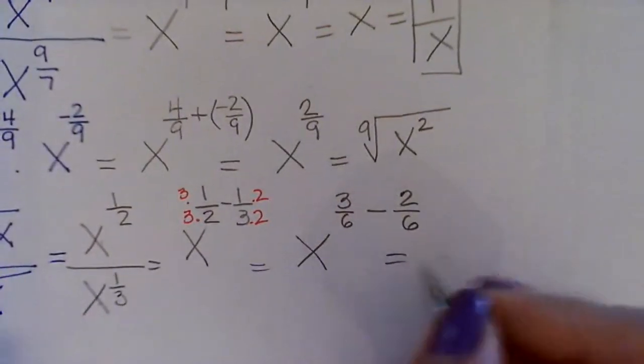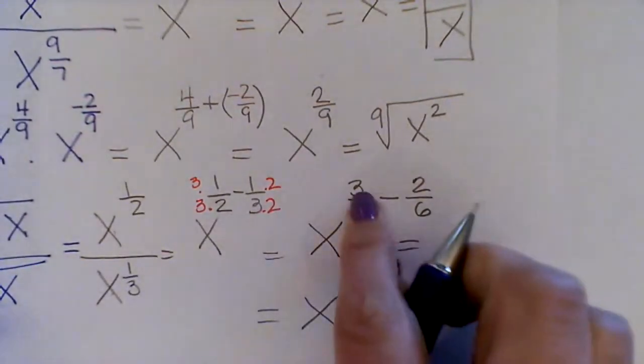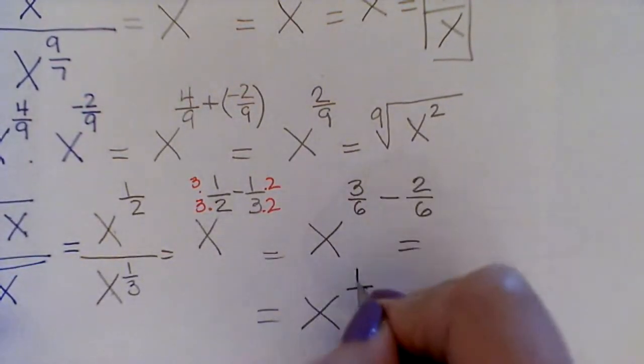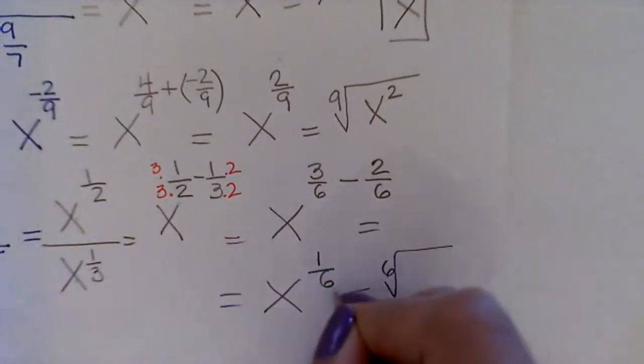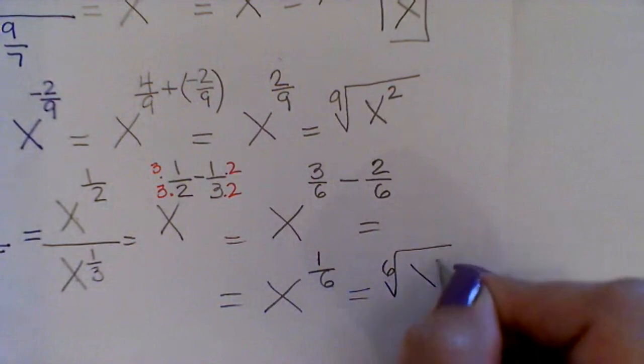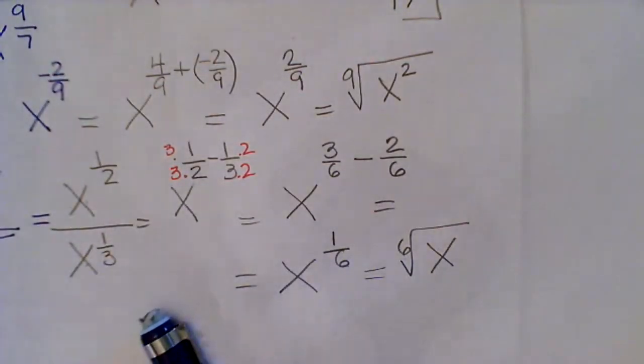So what do I have now? 3 minus 2 is 1. So the denominator is the index. And that's going to be my answer. Okay, guys? And I guess that's it for 8.2.